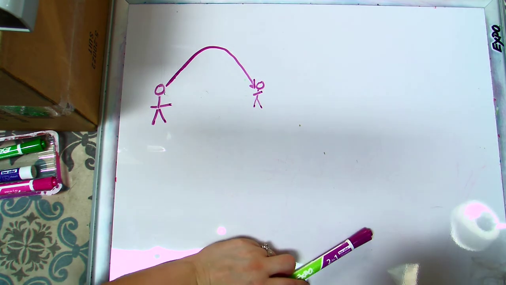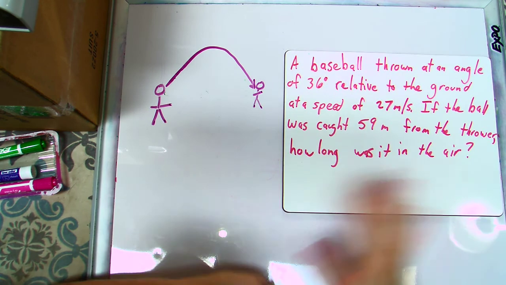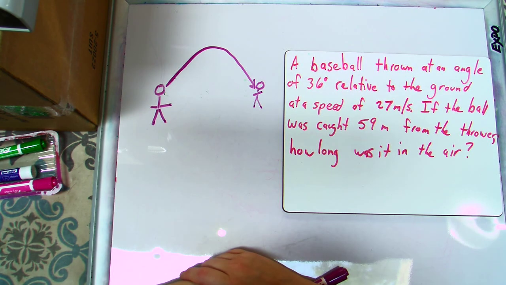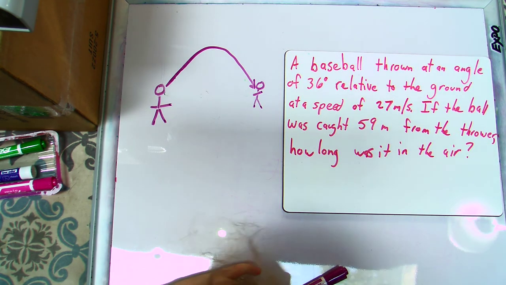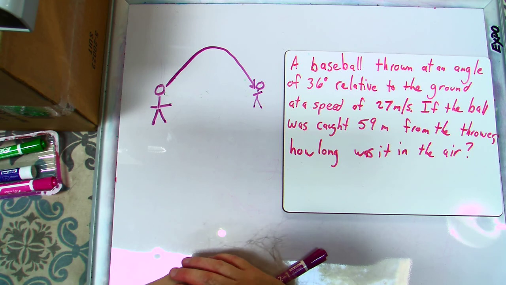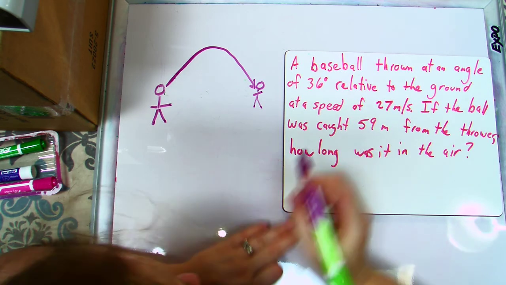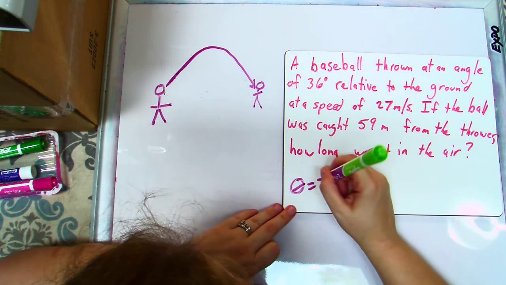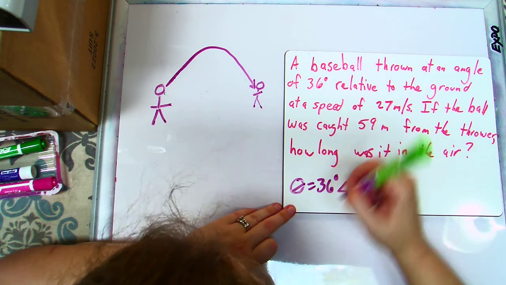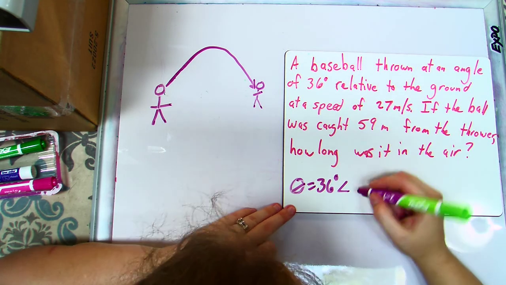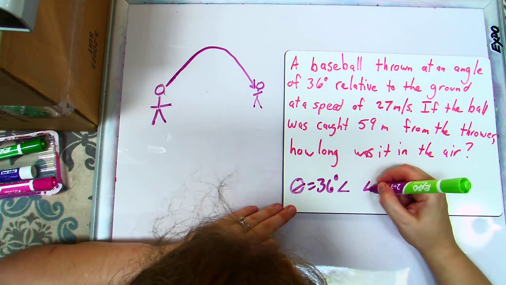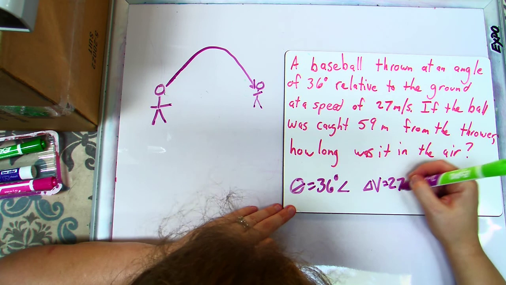So let's do a problem with this. A baseball is thrown at an angle of 36 degrees relative to the ground at a speed of 27 meters per second. If the ball was caught 59 meters from the thrower, how long was it in the air? So what are we looking for and what do we know? We know that the angle is 36 degrees relative to the ground. We know that it has a velocity of 27 meters per second.